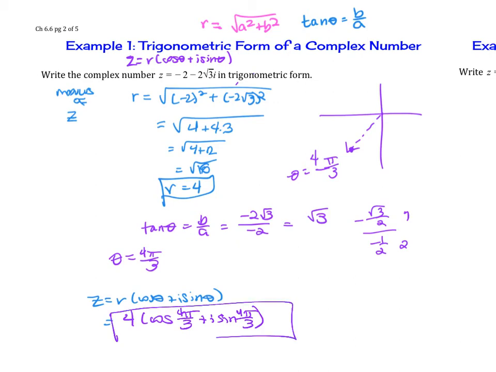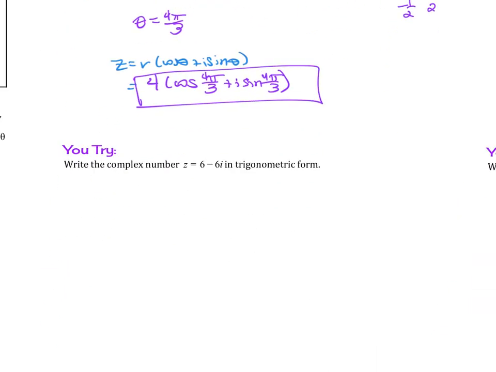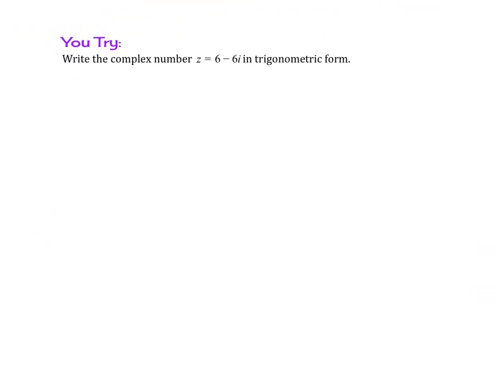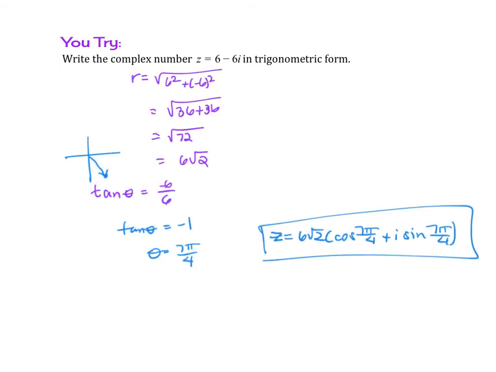And so this is what we were looking for. So try the example: write the complex number z equals 6 minus 6i in trig form. You find the radius is 6 root 2, theta is 7 pi over 4, and so you get 6 root 2 times cosine of 7 pi over 4 plus i sine of 7 pi over 4.